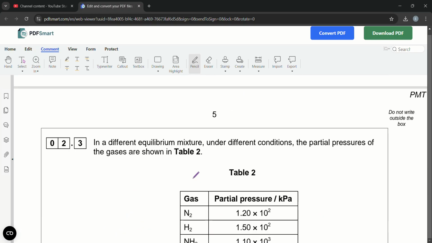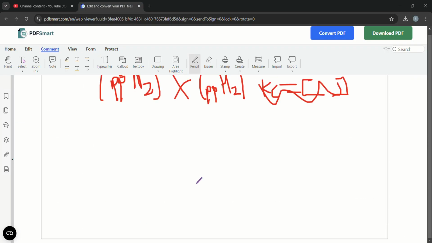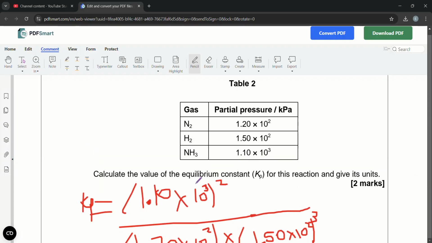So we've got products 1.10 times by 10 to the power 3 squared, 1.20 times by 10 to the power.